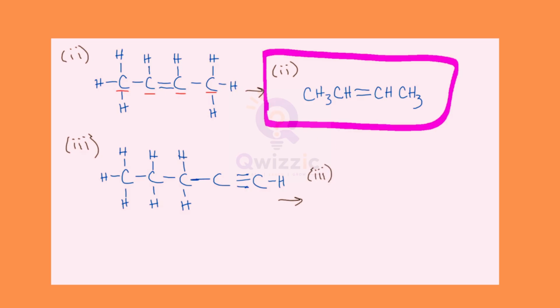Our condensed formula will be, reading from left to right, we have our main carbon chain of 5 carbons. So CH3, CH2, CH2, C triple bond, CH.